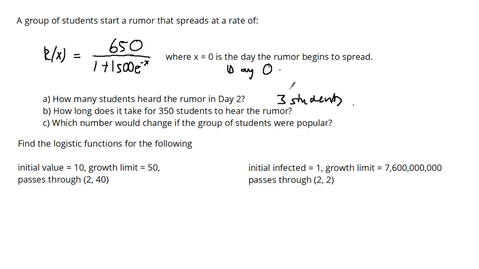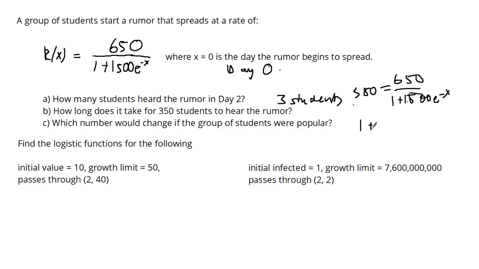How long does it take for 350 students to hear the rumor? We'll need a little bit of logarithmic rules to do this. 350 is equal to 650 over 1 plus 1,500 e to the minus x. So we can switch the positions of these two.